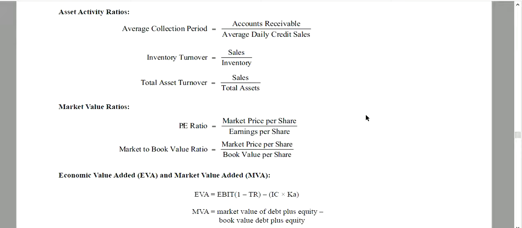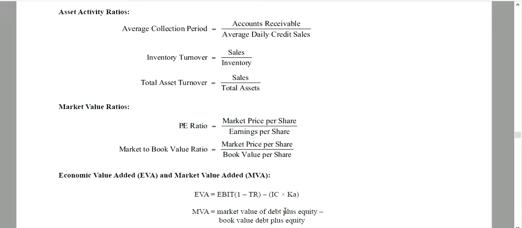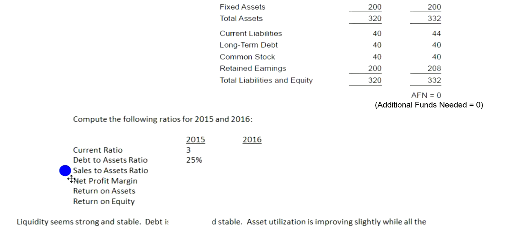This is an asset activity ratio, which is total asset turnover, which is sales. So our total asset turnover is going to be sales to assets. Let's go back to make sure we're on the right page. Sales to assets ratio, which is also known as total asset turnover.